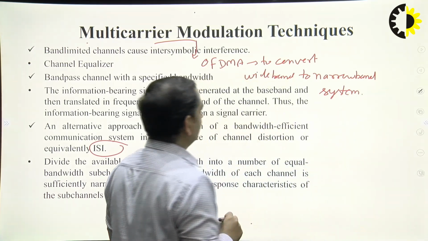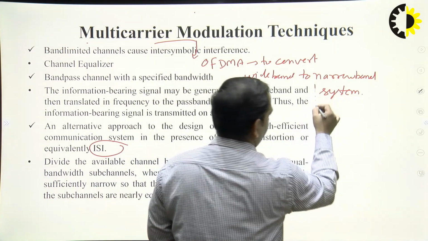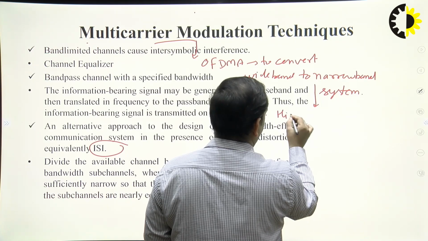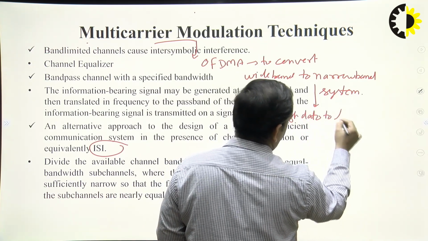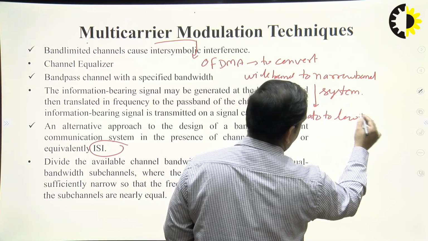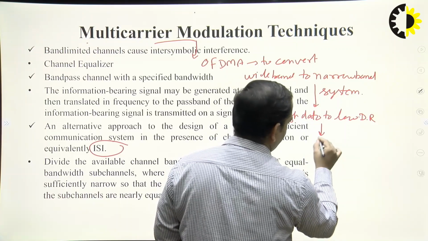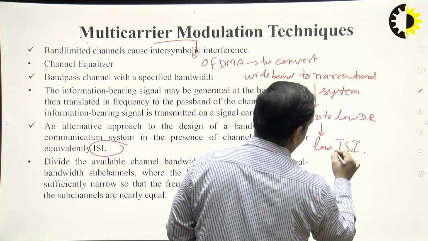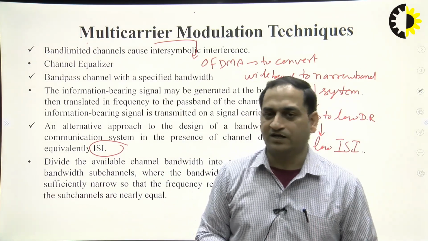So the OFDM system converts wideband to narrowband, which means high data rate to low data rate. What is the effect of this? The effect is very low ISI. So this is the benefit of using the multi-carrier system in the wireless communication system.